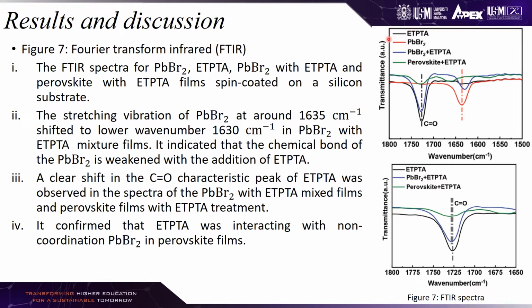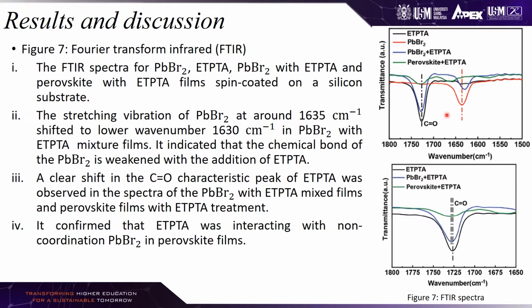In the upper graph, we can see four different lines: the black line is ETPTA, the brown line is PbBr2, the blue line is PbBr2 with ETPTA, and the green line shows the perovskite with ETPTA.